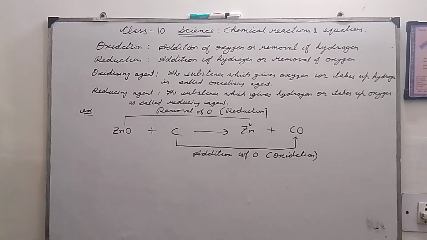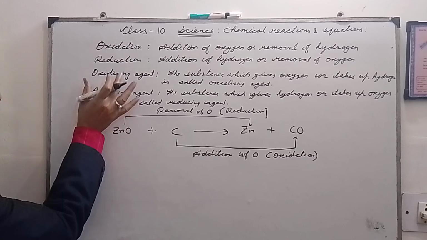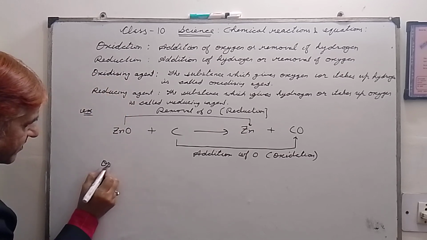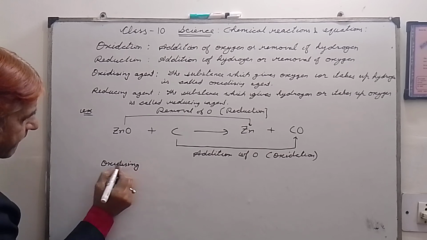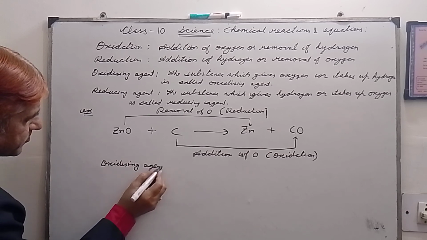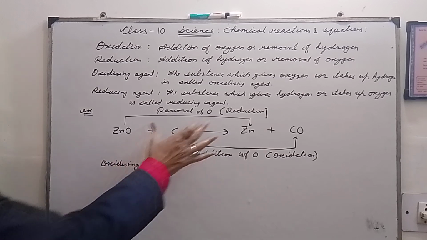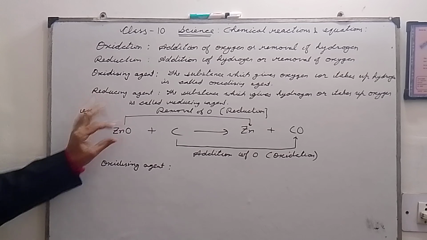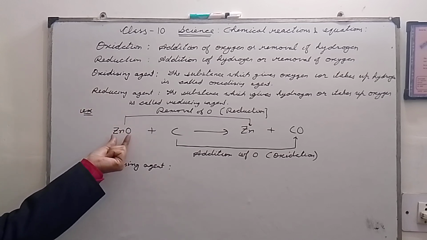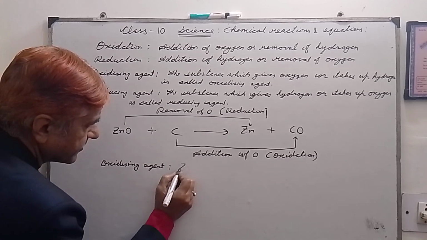Then third thing to write is oxidizing agent. Now this equation is in terms of oxygen. Oxidizing agent is that which gives oxygen. So zinc oxide is oxidizing agent in this equation.